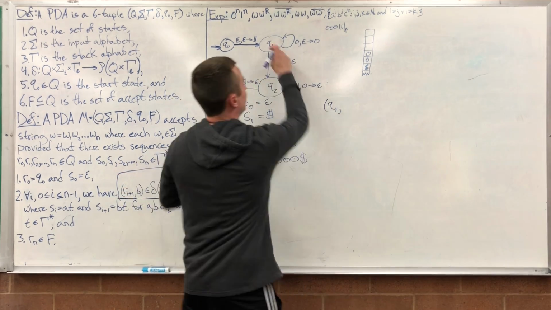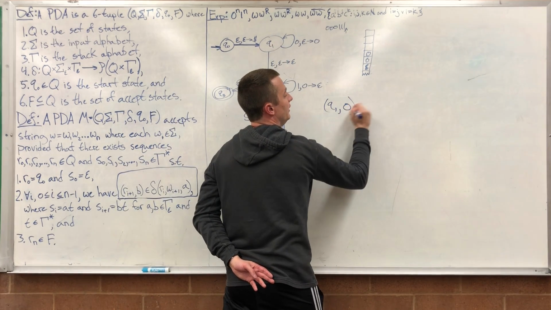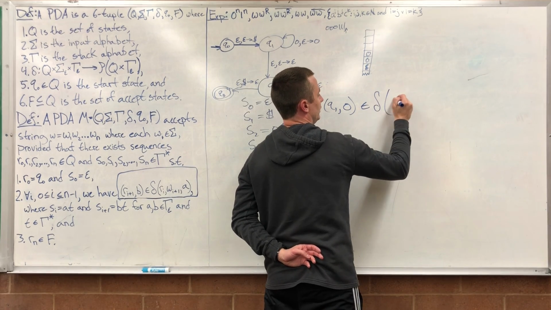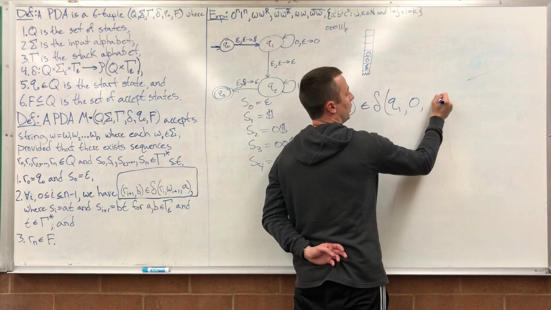So Q1, because that's the state that we end up at, and what do we push on? 0 is in the set of states that can be reached from delta if we give it Q1 and 0 as an input symbol, and we pop off the stack nothing.